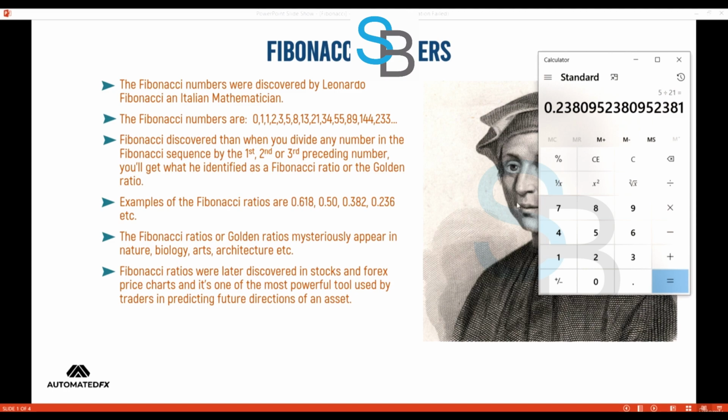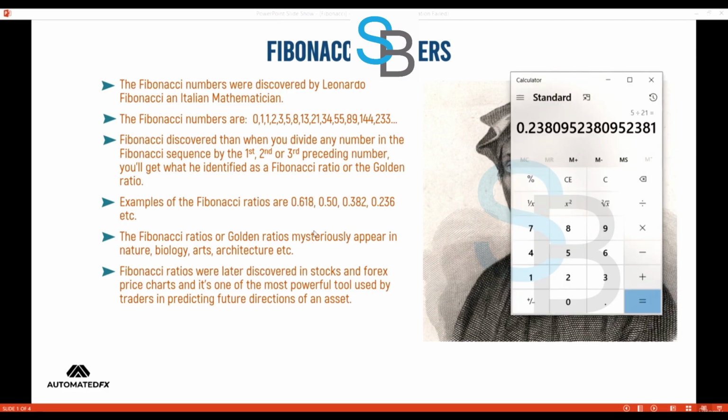These ratios appear everywhere. And in the next slides, I'm going to show you how they appear in nature, in architecture, and in all other phenomena. One other thing is the Fibonacci ratios were later discovered in stocks and forex price charts, and it's one of the most powerful tools used by traders in predicting future directions of an asset.